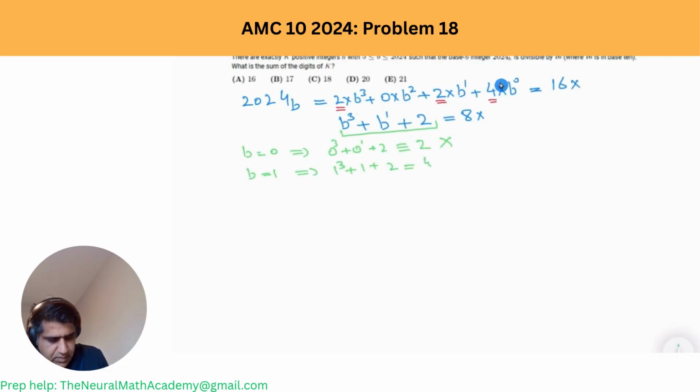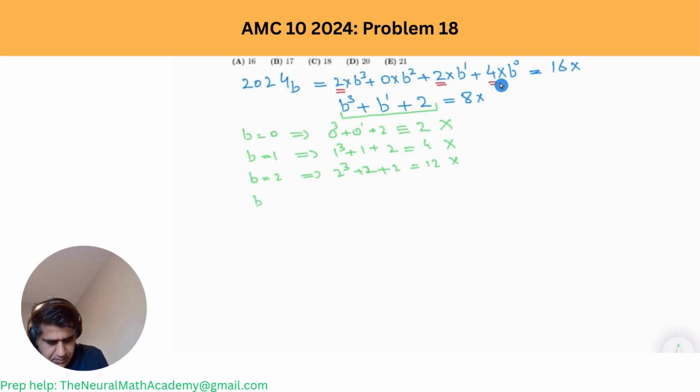That is still not divisible by 8. Then I get 12. So that is still not divisible by 8. Now I get 32. And 32 is divisible by 8.